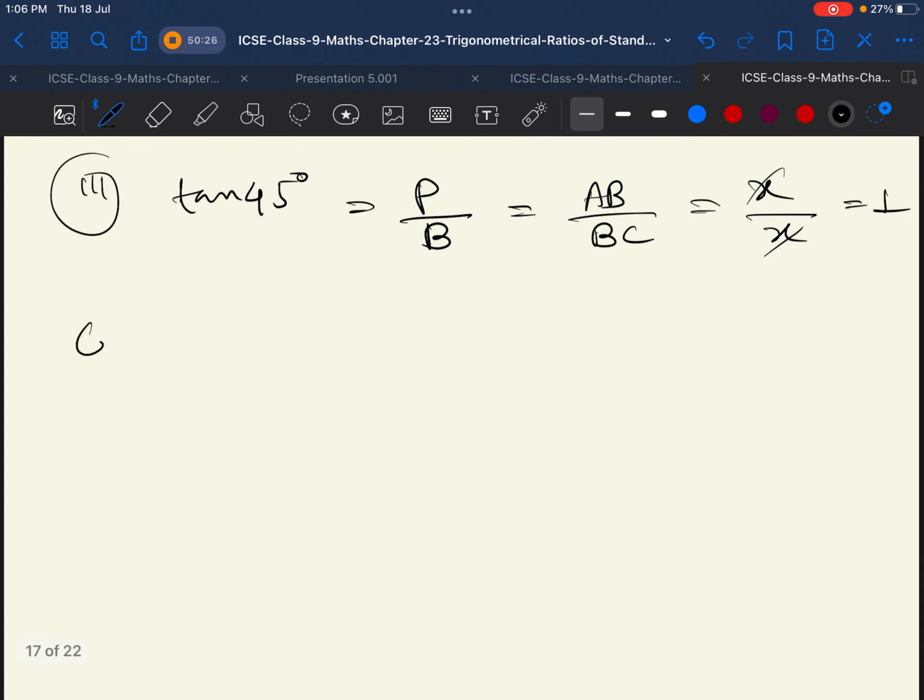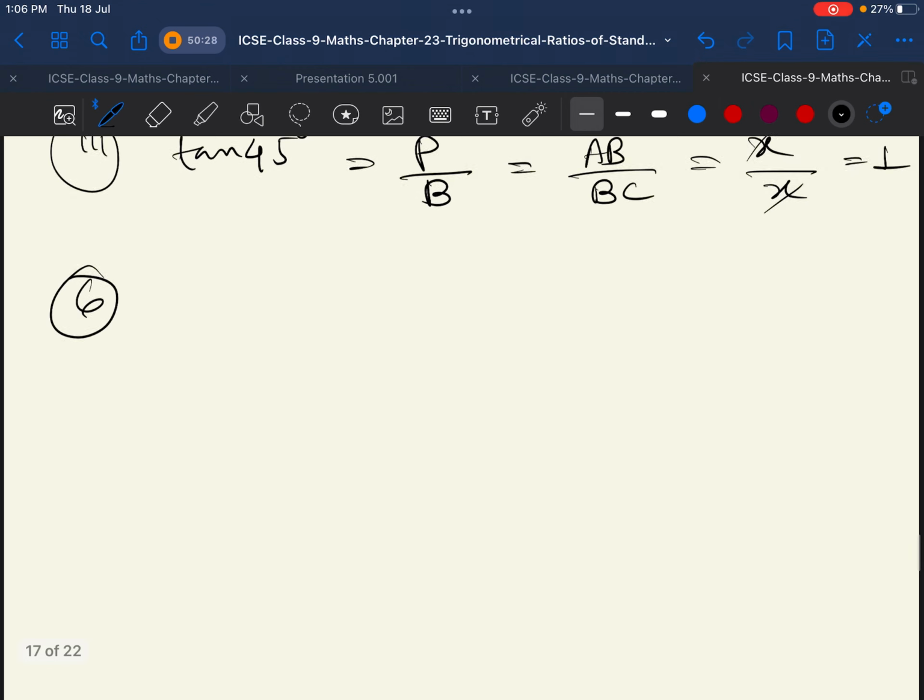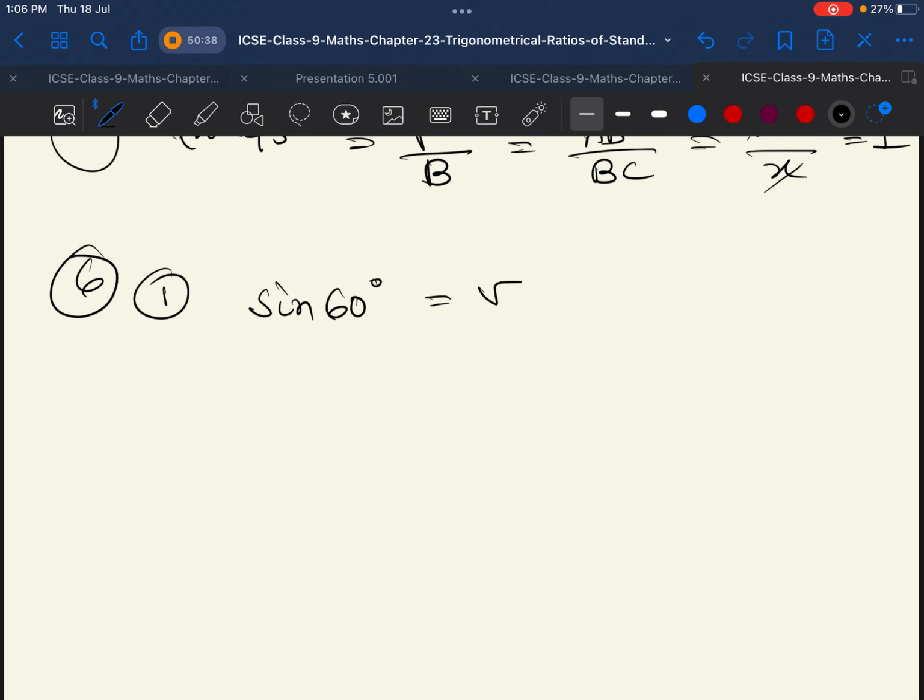Okay. Now question number 6. Prove that sin 60 degree equals 2 sin 30 degree into cos 30 degree. Sin 60 we know is root 3 by 2. This is the left hand side.